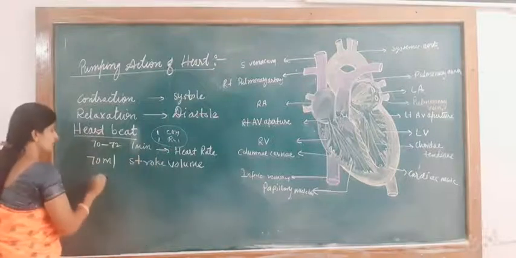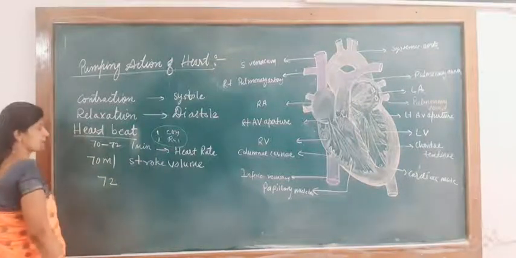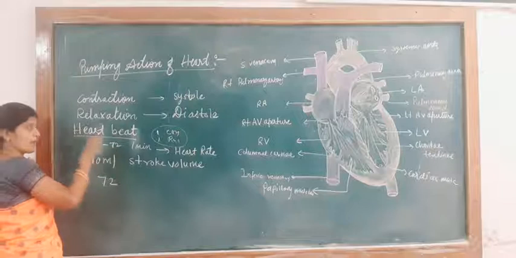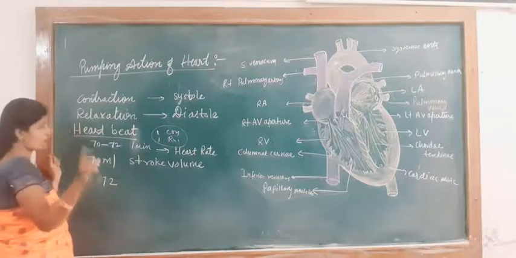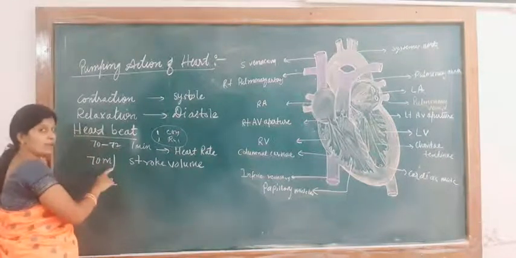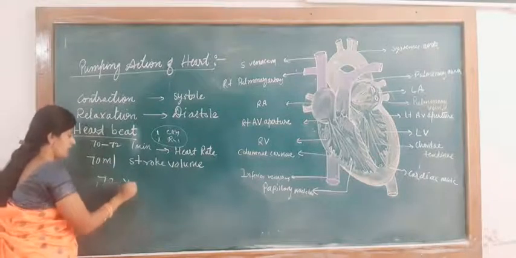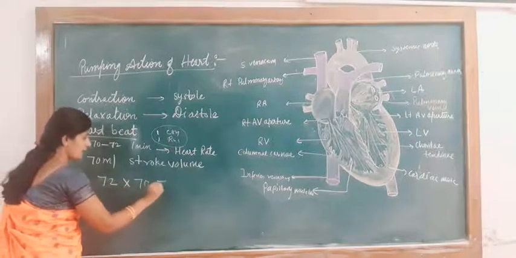Heart rate is 72 times in one minute. In one heartbeat, how much blood is flown out? It is 70 ml. Then 70 into 72.